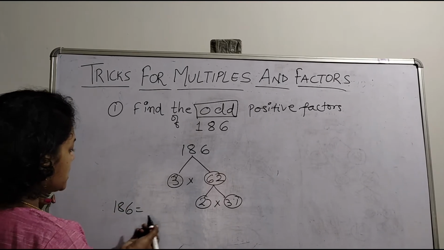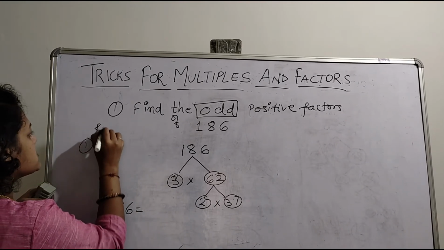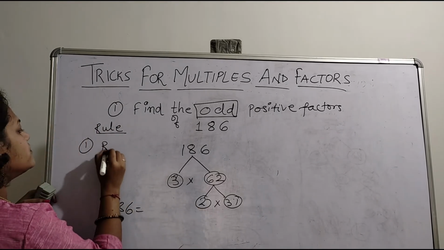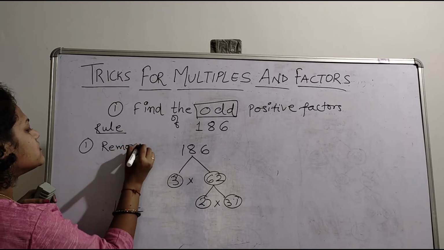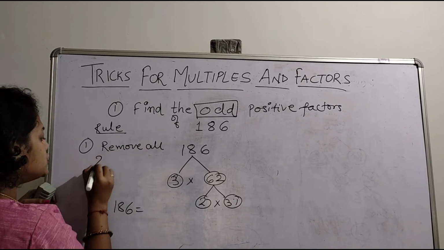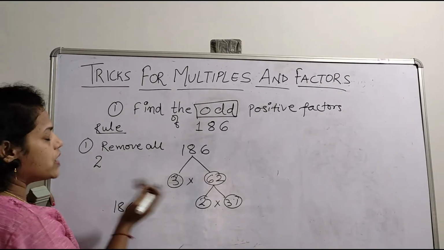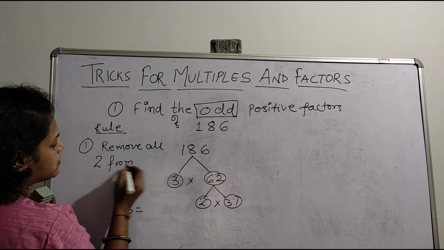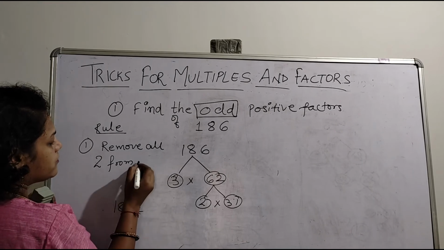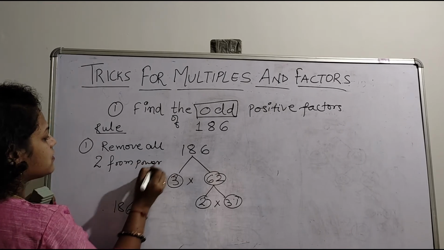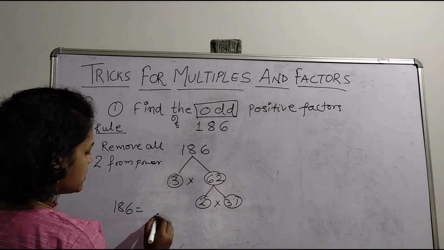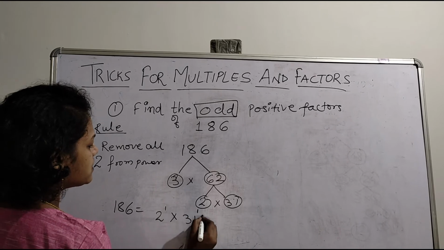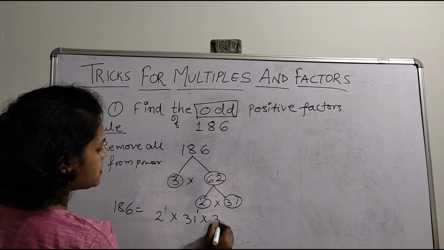In this, again there is one rule, I can say a rule for this, even and odd, that you have to remove all 2, means all 2 you have to remove from the power, right? Whatever is there from the power I can say, okay? So here 2 power is 1 and here 31 power 1 and here 3 power 1.